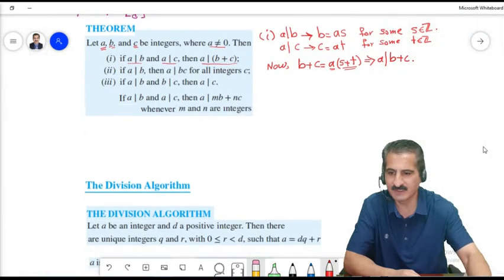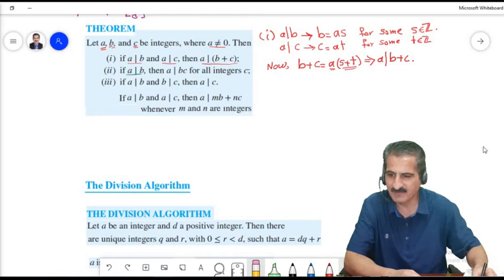Okay. Part B of the theorem. If a divides b, then a divides bc for all integers c.